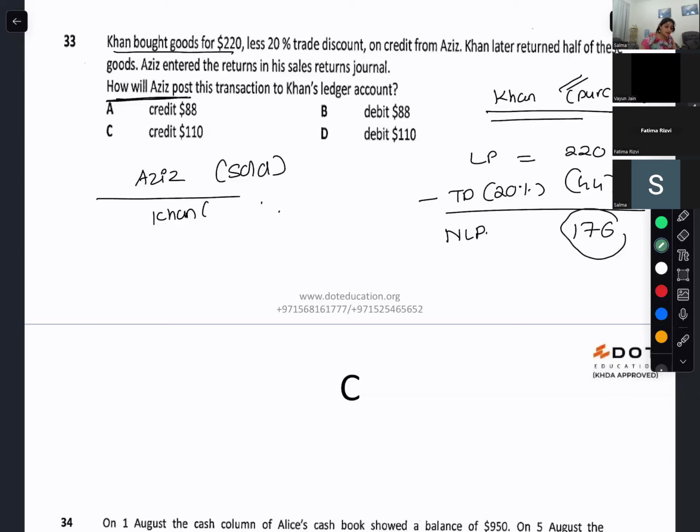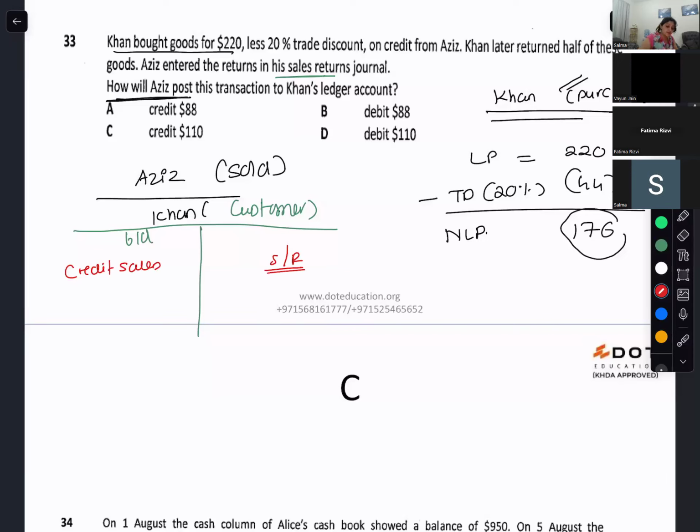Okay. So I want to know only the sales return. That means Khan is a customer, right? What is the normal balance of a customer? Debit. Below that, discount or credit sales, so sales return will come over here.